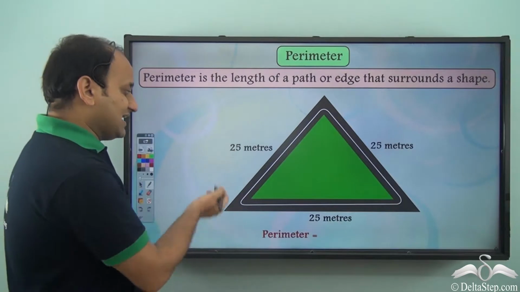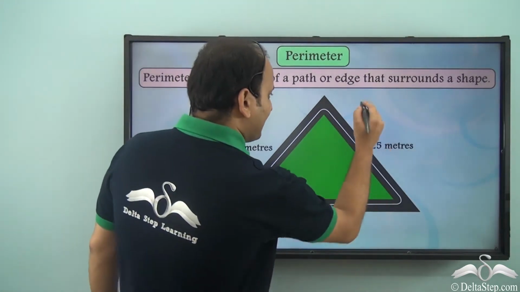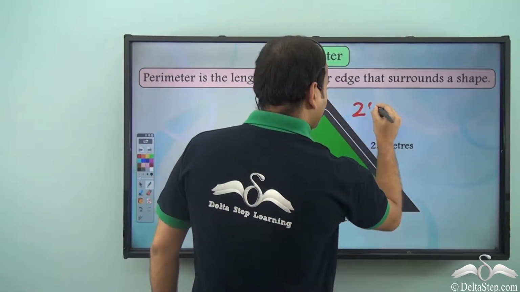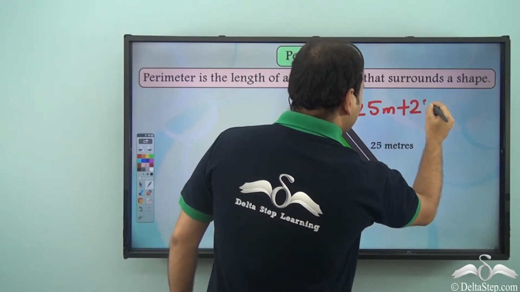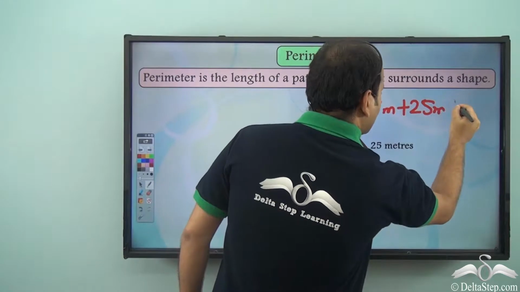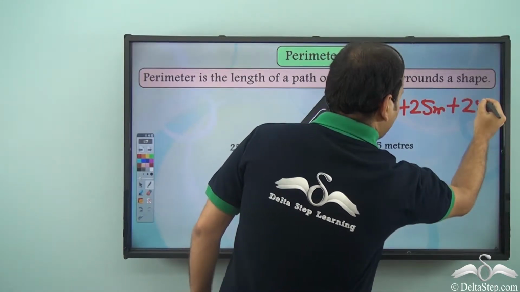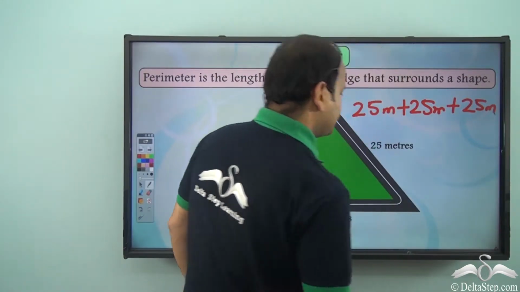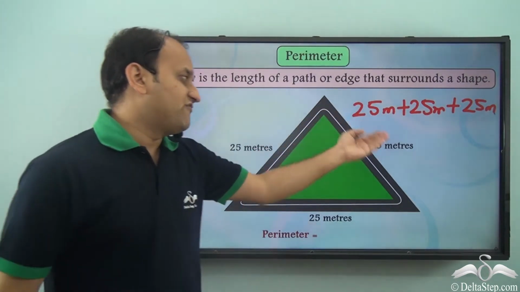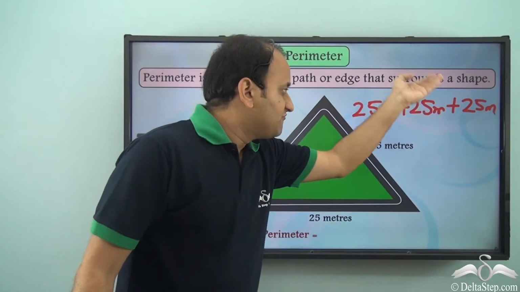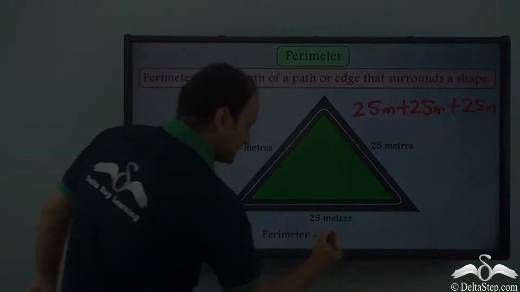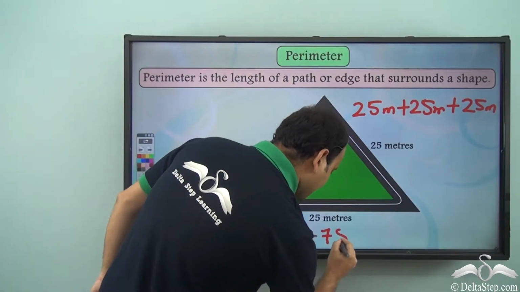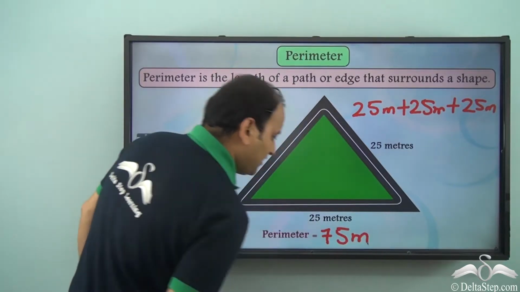So in this case it will be 25 meters plus 25 meters plus 25 meters, which is 25 plus 25, 50, 50 plus 25, 75. So it will be 75 meters.